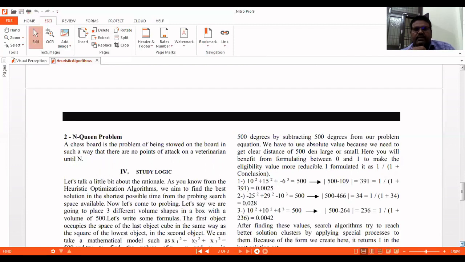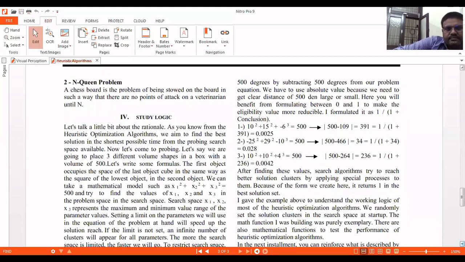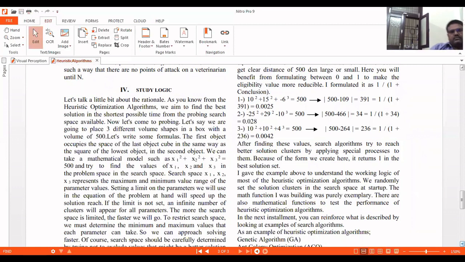We can take the mathematical model x1 square plus x2 square plus x3 square equal to 500, and try to find the values of x1, x2 and x3.